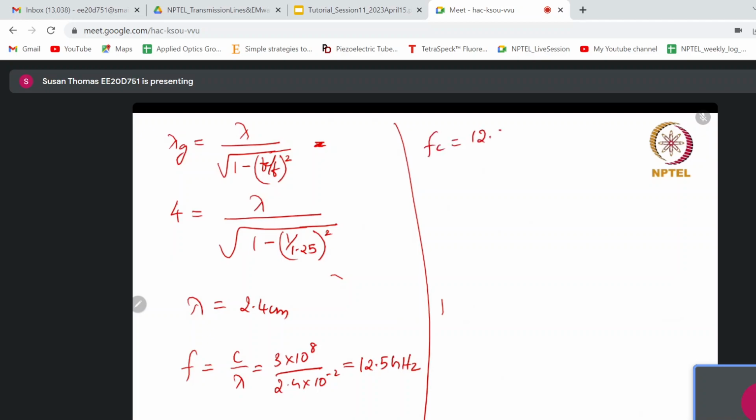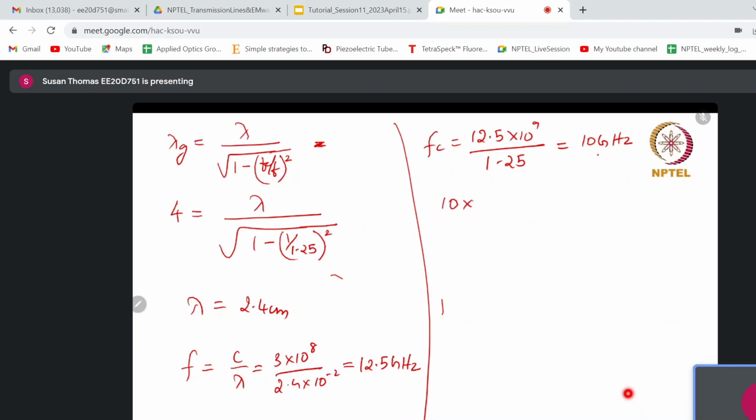Fc is 12.5 into 10 power 9 divided by 1.25, that is 10 gigahertz. Okay, now this frequency Fc, we know that it is equal to c by 2a.